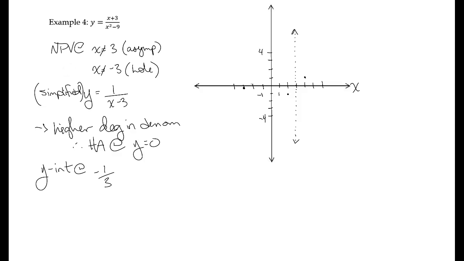And remembering that my negative 1/3 is my y-intercept. But again, being so small, it's not the most helpful. Again, we want to get super close to that asymptote when we're drawing these shapes. So that would be our graph.